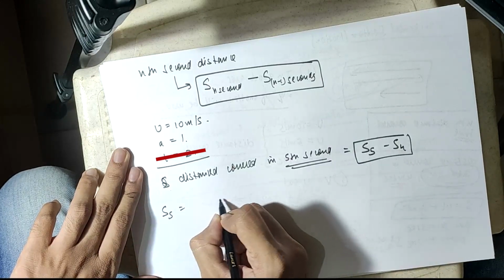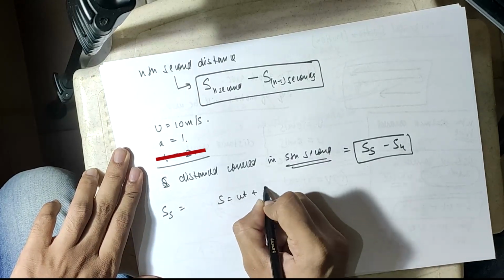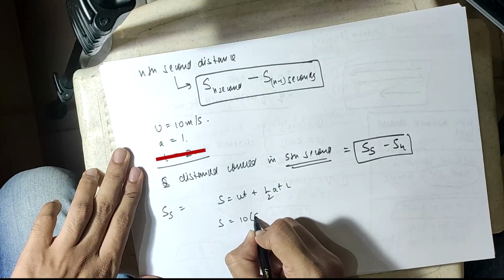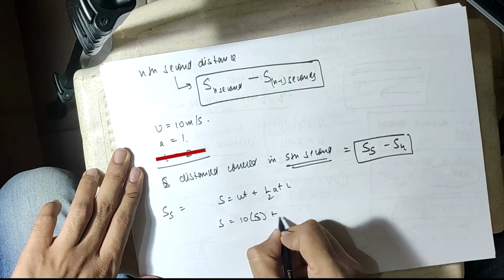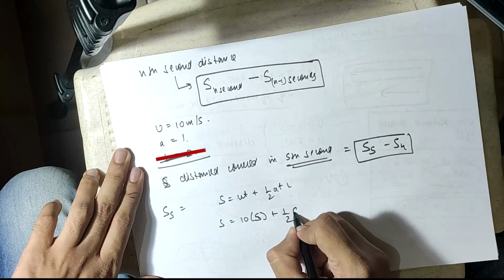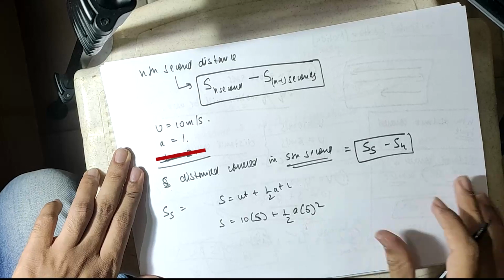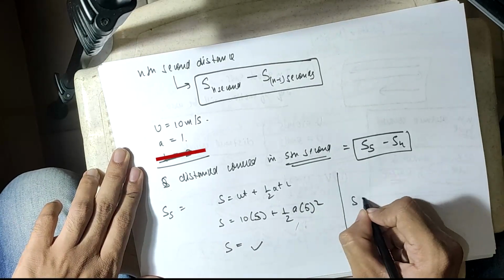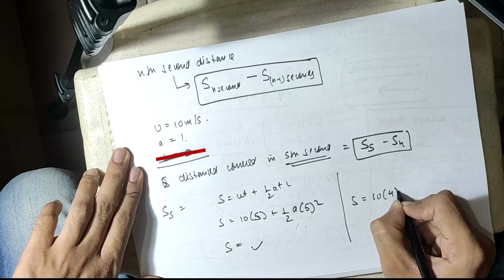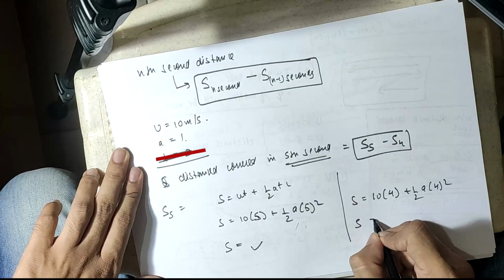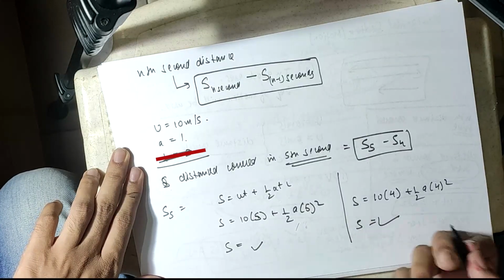S = UT + half AT square, so S = 10 into 5 plus half into 5 square. Then again put S = 10 into 4 plus half into 4 square. Then you can find S, subtract and get the answer.